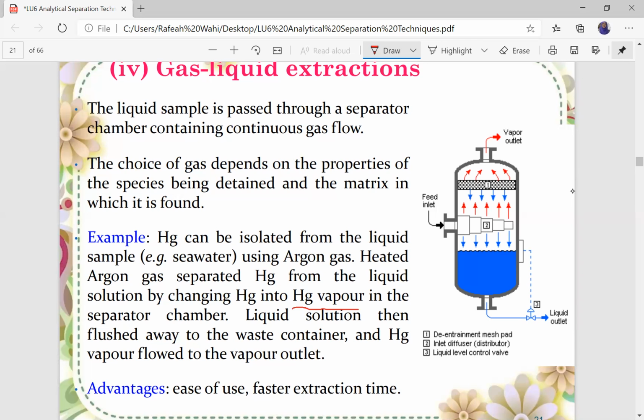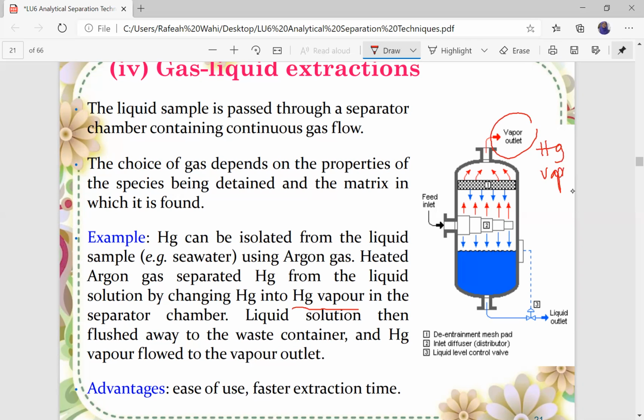The liquid solution is then flushed away to the waste container, and the mercury vapor will flow to the vapor outlet. From the vapor outlet, you can collect your analyte.